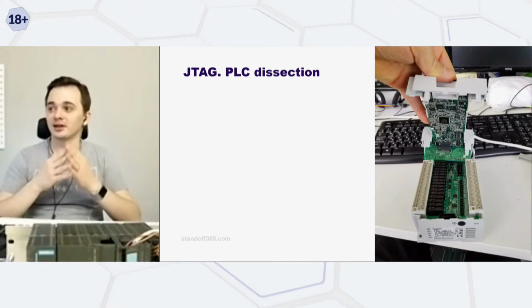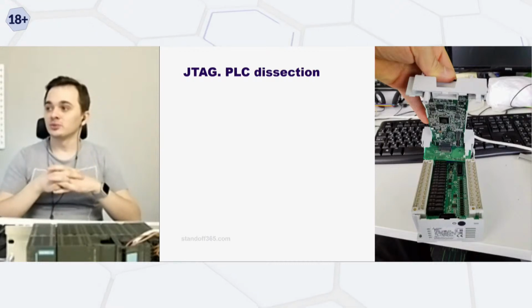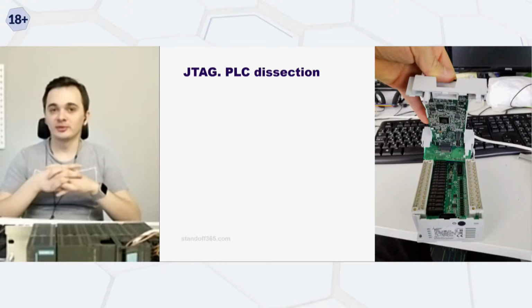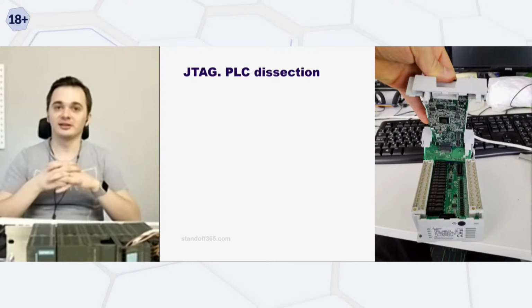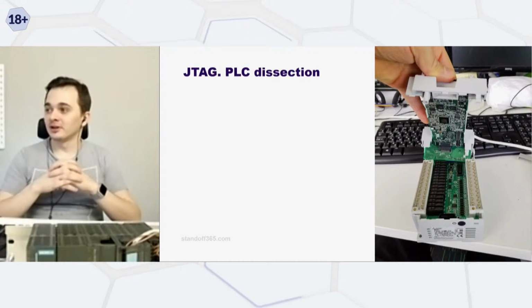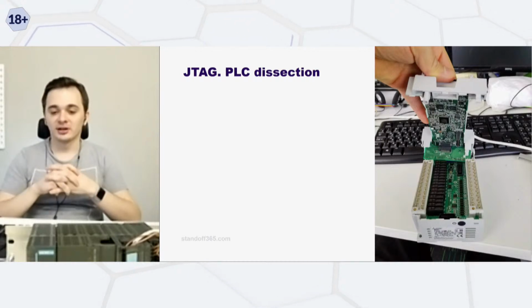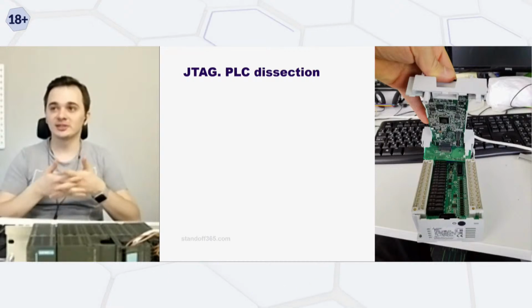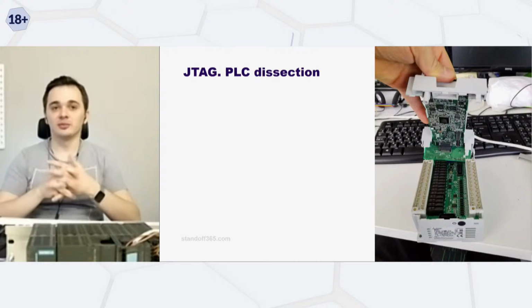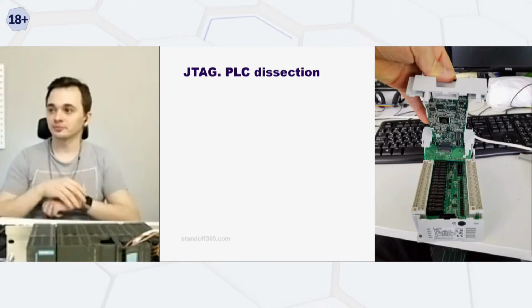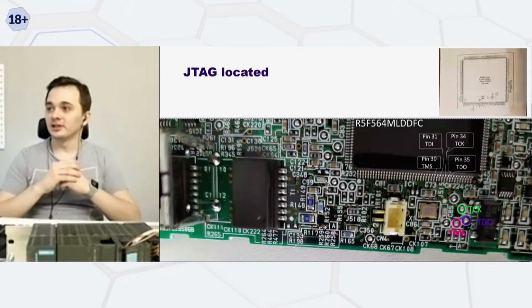One of the cases, let's consider a case from our practice. Here on the picture, you can see the PLC. We have already seen one like this in the previous presentations. We decided to dissect it using JTAG.